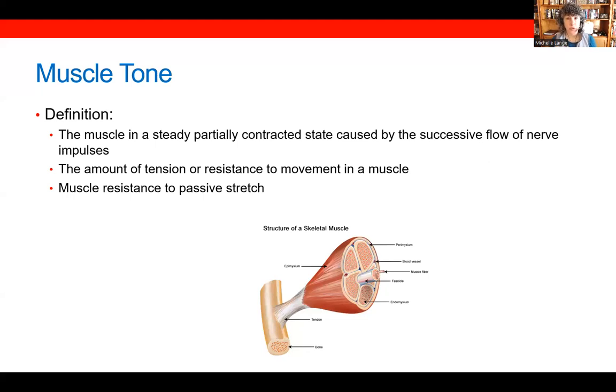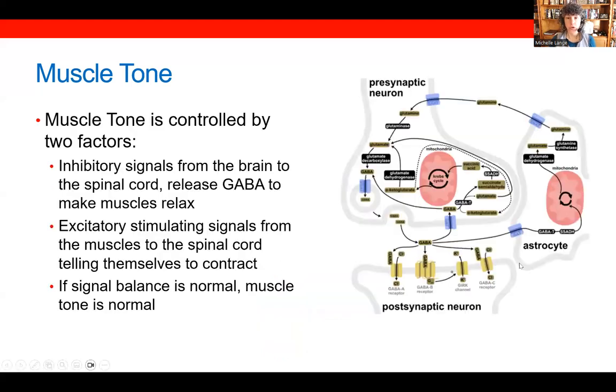Muscle tone can also be defined as the amount of tension or resistance to movement in a muscle and muscle resistance to a passive stretch. This is often how we determine the amount of muscle tone in a client. So muscle tone is controlled by 2 different factors. First, there are inhibitory signals that come from the brain through the spinal cord and to the muscles. They release a specific neurotransmitter called GABA, G-A-B-A, and that helps the muscles to relax.